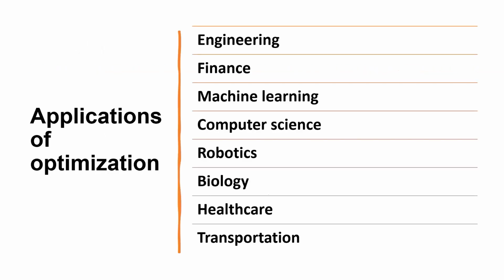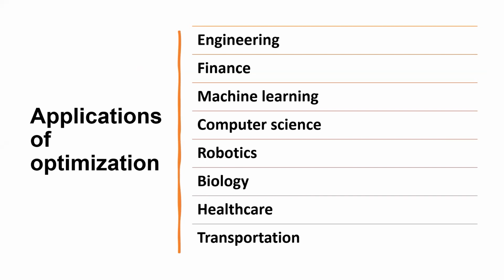So let's move ahead and peek inside a little more to understand where optimization is applied. I think what I have listed here covers almost every field I know. I will try to give an example.